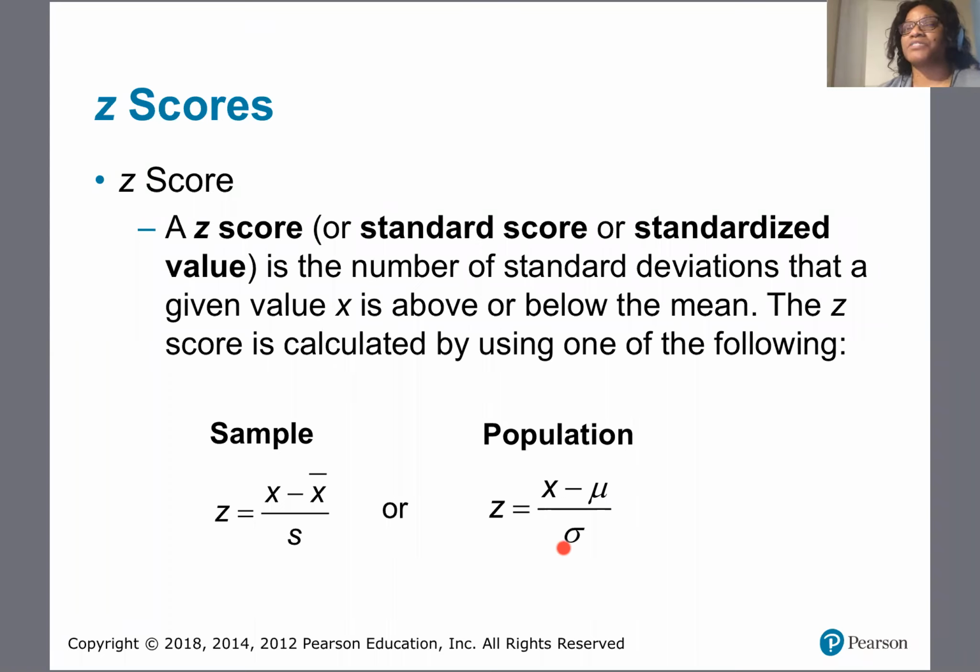And when we're talking about z-scores, guys, and a standardized score, it is so that we can measure different things on the same scale. For instance, in the US, you have to have an ACT score or an SAT score to enter a four-year institution. Well, the ACT scale and the SAT scale are not the same. It's not oftentimes, it's all the time.